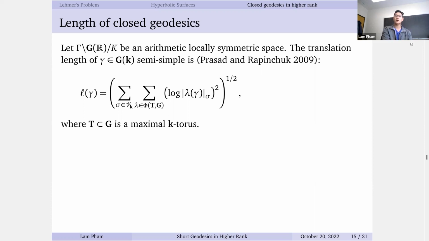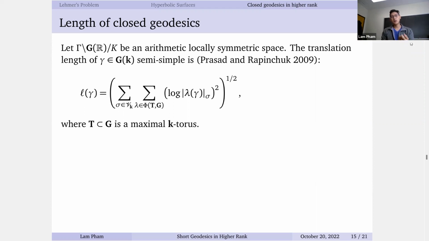And again, you take an arithmetic lattice and take that quotient. If you take a hyperbolic element gamma, you then can see that it actually gives a closed geodesic in this quotient. And the way to compute its length, well, you compute it using Riemannian geometry, of course, but because gamma is arithmetic, it also makes sense to have a formula that involves some more arithmetic algebraic data.